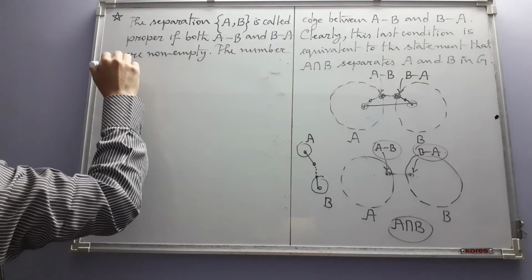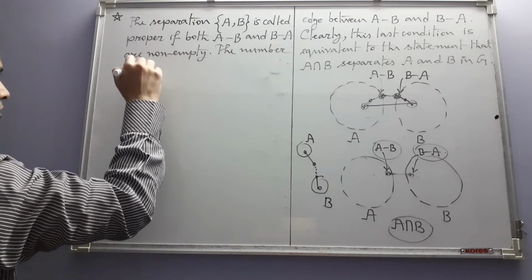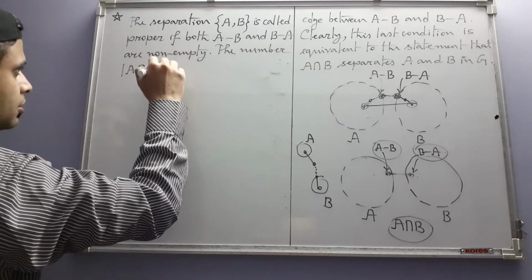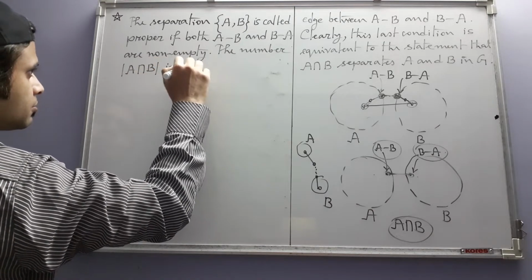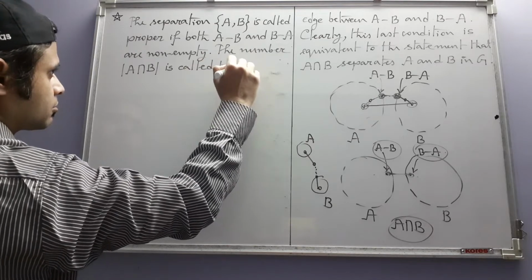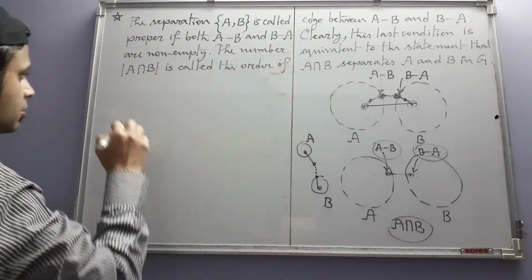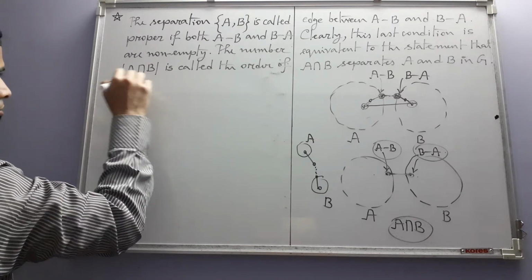The number of elements in A intersection B is called the order of the separation.